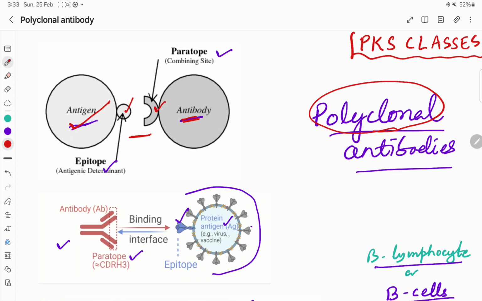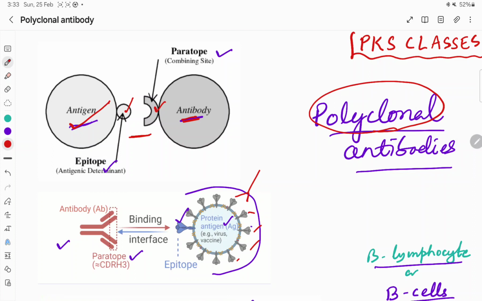Suppose this is a virus. This virus on its surface has these epitopes, and the antibody can bind to a specific epitope. So when we have a mixture of antibodies which can bind to different epitopes, suppose this is one antibody.